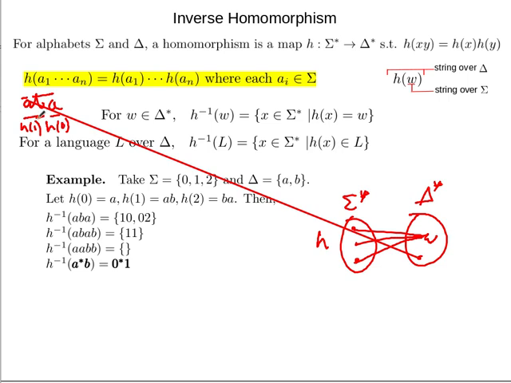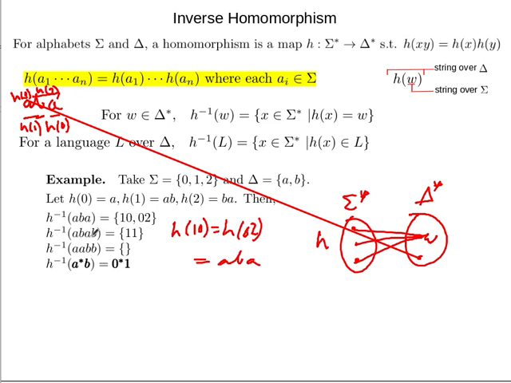So this whole thing becomes H of 1, 0. And similarly, I can identify this as H of 0 and this ba as H of 2, right? So then the whole thing becomes H of 0, 2. So you see that for both, H of 1, 0 is H of 0, 2, which is this aba. And there are no other possible breakups. So if you take the inverse of this thing, you get back these two things.